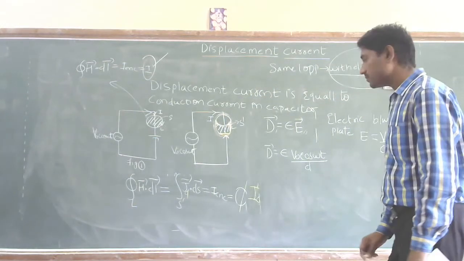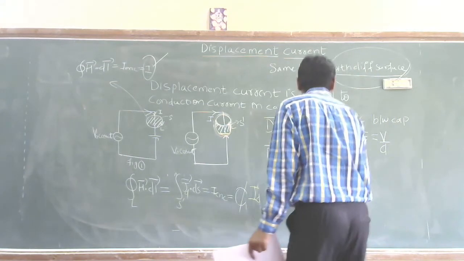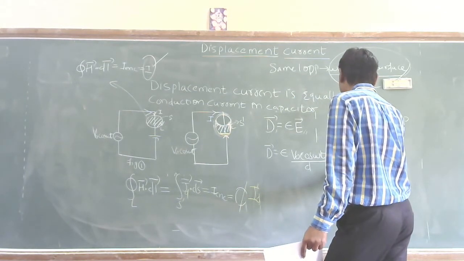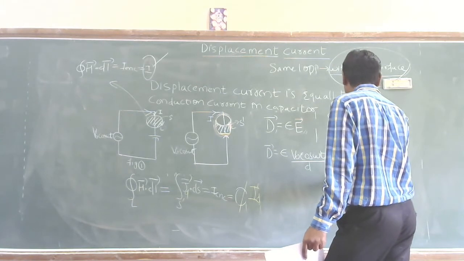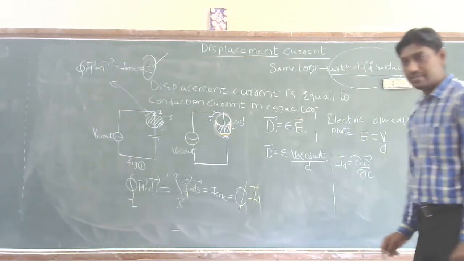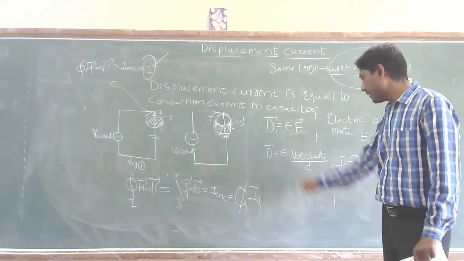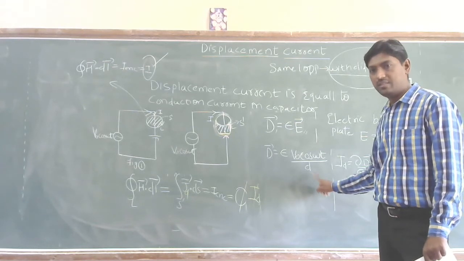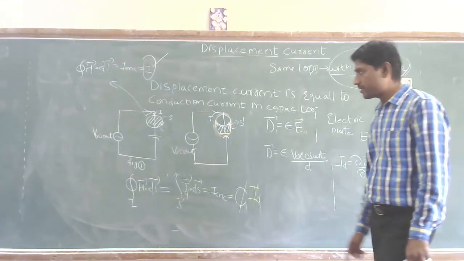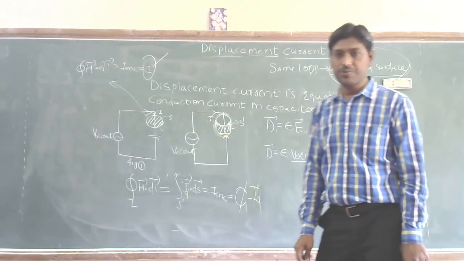Okay. So next, I'll try to find JD. JD is dou D by dou t. As I said, JD is always present if you have a time varying D or E field.